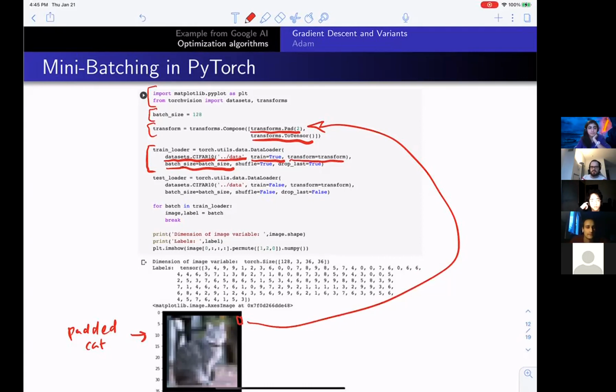So basically, if you set batch size equal to 1 here, then you would create a loader that would give you 1 image at a time, right? But because you're doing mini batch gradient descent, you want to have more than 1 image in each iteration. That's why you need to specify the batch size.